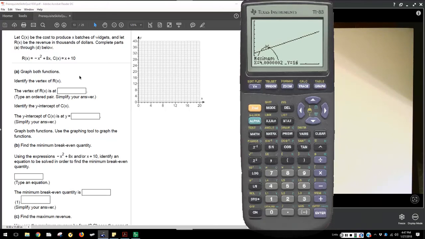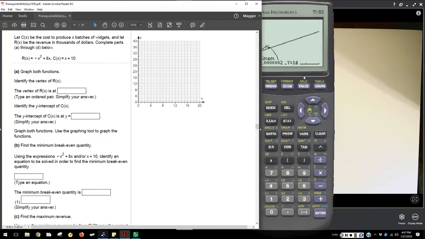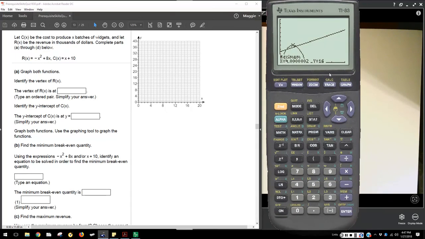It says to identify the y-intercept of the cost function. The y-intercept is where x is equal to 0, but we have to be on the cost function. So we're going to let x be 0. But the first one that it shows us is 0, 0. If you can just barely see it blinking here, it's actually showing us the origin.